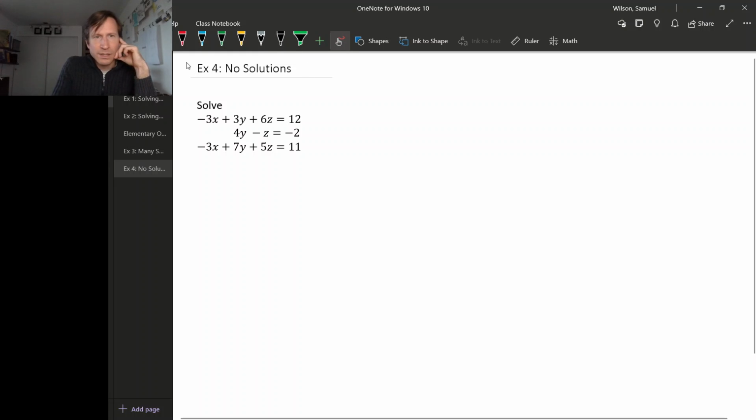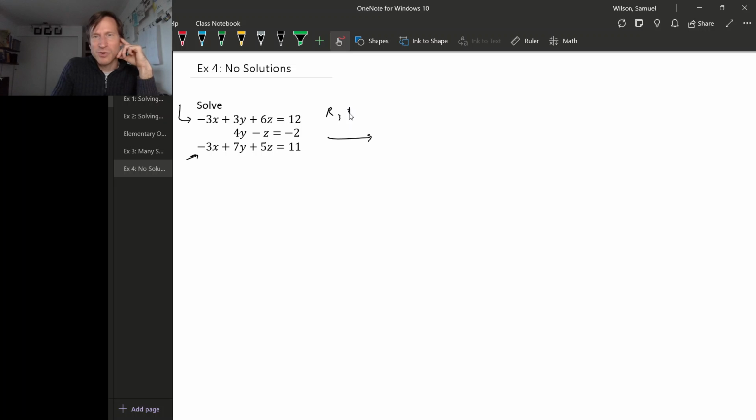So let's see. Normally, it's often nice to have 1 times x in the upper left-hand corner. But the only other equation that has x's has the same coefficient. So maybe instead of dividing this first equation by minus 3 immediately, it would be easier to take our third equation, third row, and subtract the first row, because that's going to make the arithmetic a little easier.